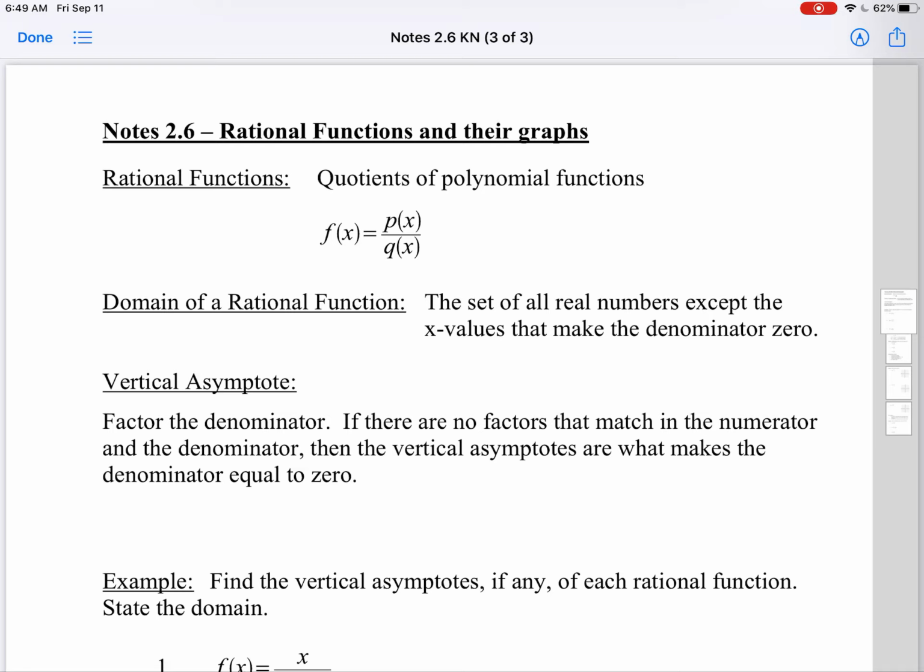I believe the assignment tonight, let me double check. The assignment that's going to get posted. Let me look here.